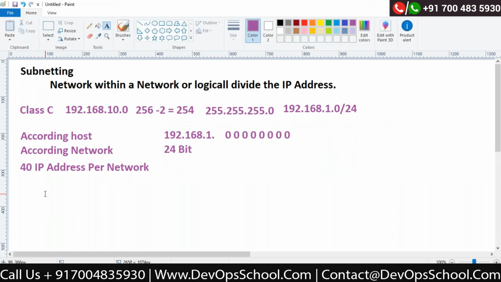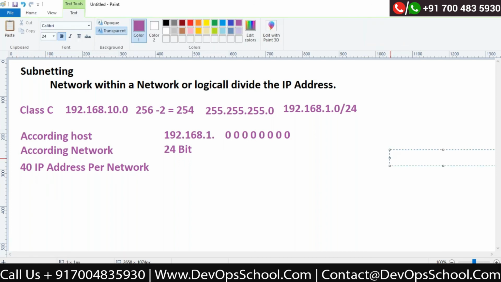Okay. Now let's find out which formula can help us reach this particular point. If I go 2 raised to 1, is it going to serve the purpose? No, it is just 2. How many do I require? 40 IP addresses. Can I do 2 raised to 2? No, it is 4. Can I do 2 raised to 3?